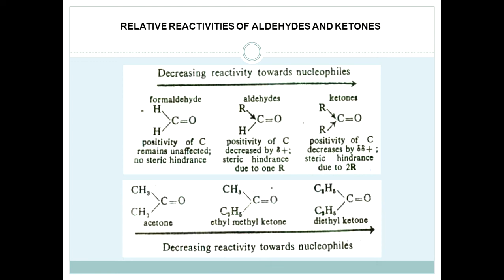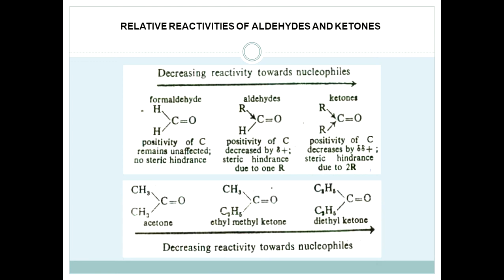But only one alkyl group is attached to the carbonyl carbon of the aldehydes. There is less steric hindrance and the positivity of the carbon atom is greater than in ketones. Therefore, aldehydes are more reactive than ketones. When you come to formaldehyde, having no alkyl group on the carbonyl carbon, it is more reactive than all other aldehydes.